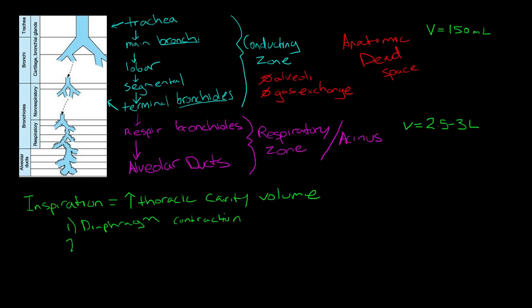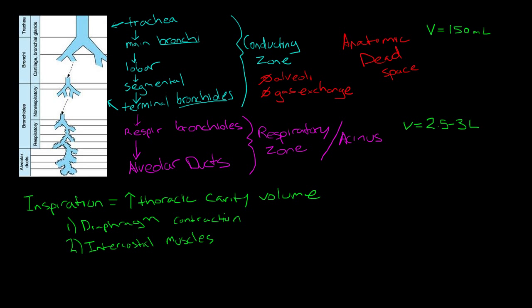The second aspect of increase in thoracic cavity is going to be conducted by the intercostal muscles. And the intercostal muscles are going to serve to increase the thoracic cavity in a cross-sectional manner or in a horizontal manner.